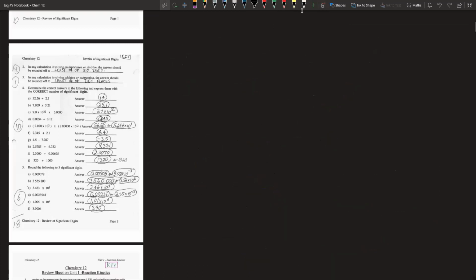So let's talk about addition and subtraction now. How do we tackle our addition and subtraction questions? Plus and minus. Well, the rules for addition and subtraction is a bit different. If I give you 28.94 and I say minus 1.2, as a first step, you would just blindly punch it in.